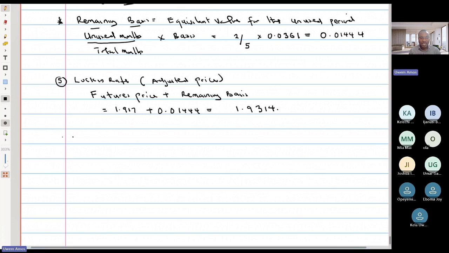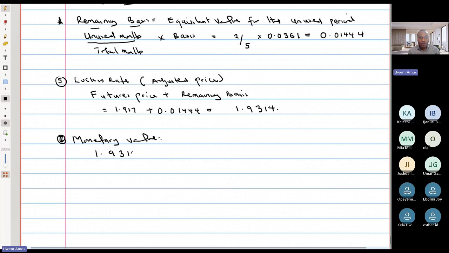So which is our step 6, the monetary equivalent, the monetary value. Okay, so the exchange rate is 1.9314.